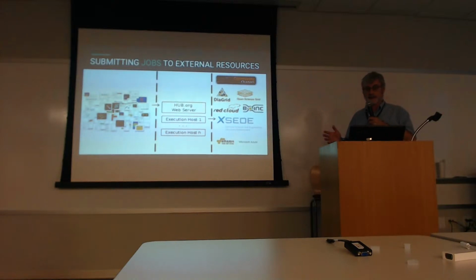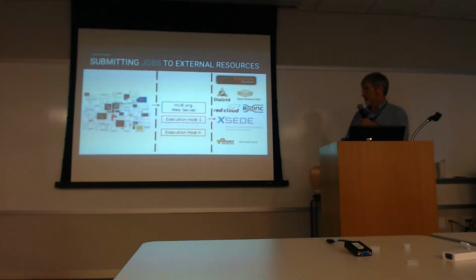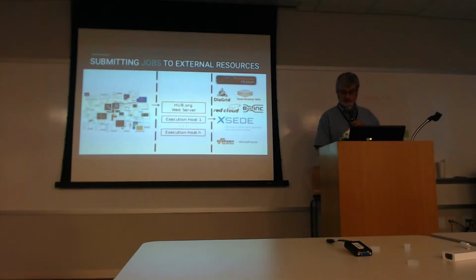There's only about 5 or 6 of these, so there's not a big resource there. If those resources are not enough, there's connection to many external resources, which include BOINC, XSEDE, which is the supercomputer national infrastructure. We've connected to things like AWS and Azure as well. So it's all very flexible.